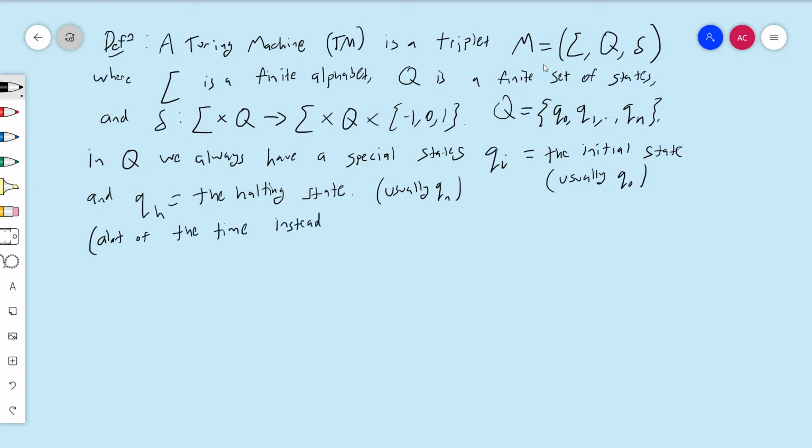instead of QH, we'll have QY and QN, which will be for accepting and rejecting, respectively.